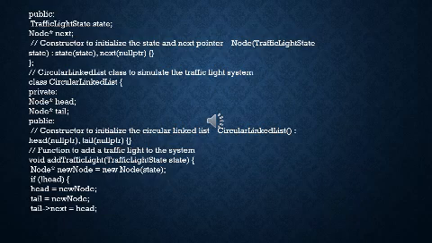Function to add a new traffic light to the circular linked list. Create a new node with a given traffic light state. If the list is empty, set head to the new node and tail to the new node. Set the next pointer of the tail node to head.